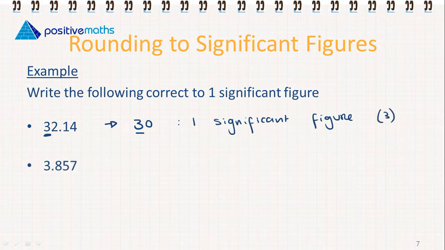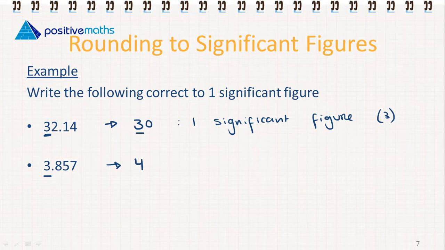Okay, our next example. 3.857. We want to write it correct to one significant figure. So we look at our first significant figure. Again, it's 3. This time we look to the right. We see that it's 8. So that means we add on 1 to 3. So we're going to get 4.